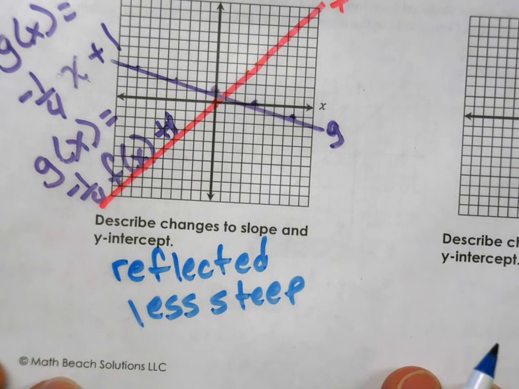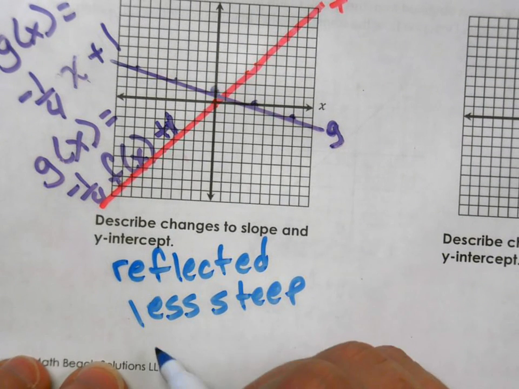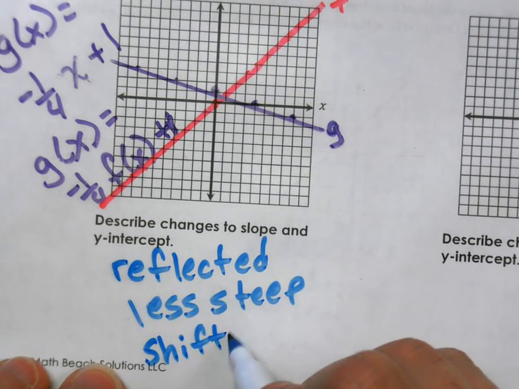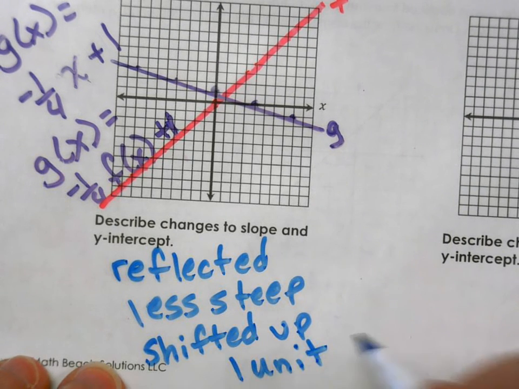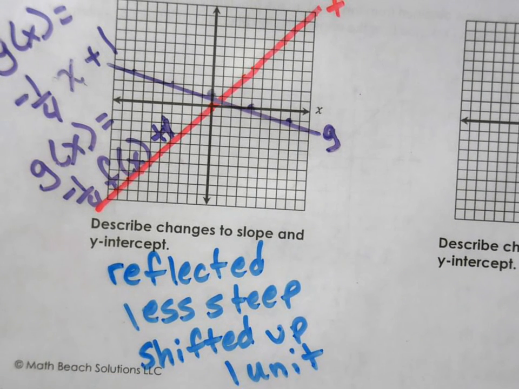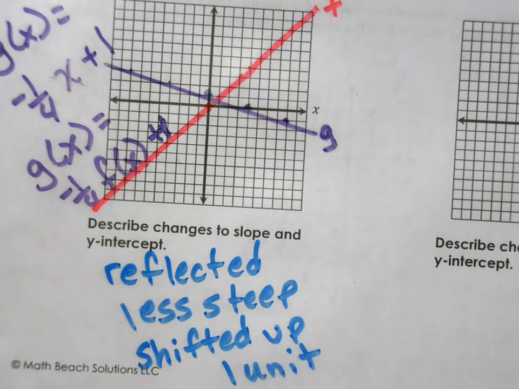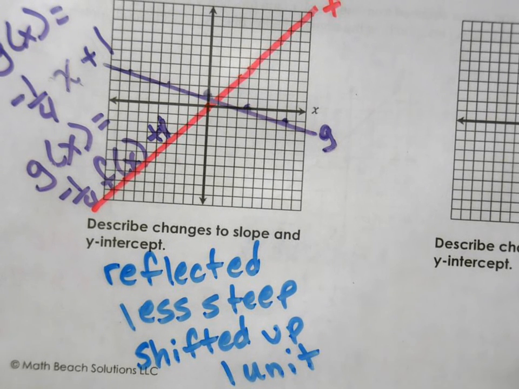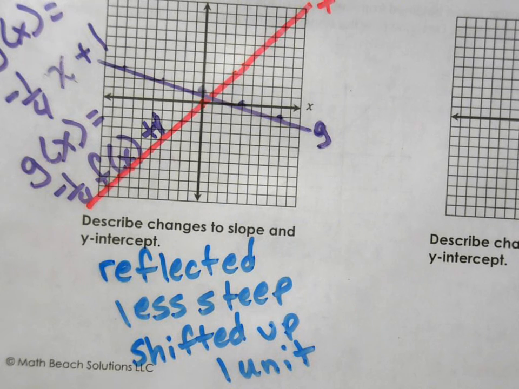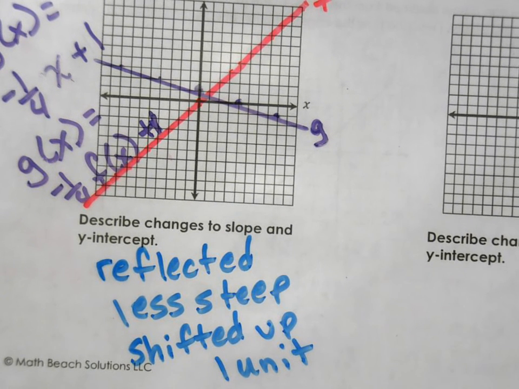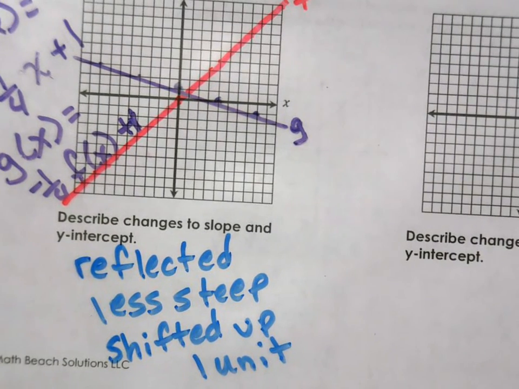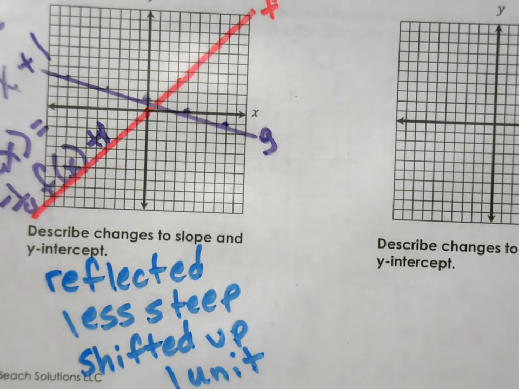And then what did adding 1 on the end do? Shifted up 1 unit. So if you've got all that, see if you can work on that next one. You can at least graph your original, the f of x equals x line.